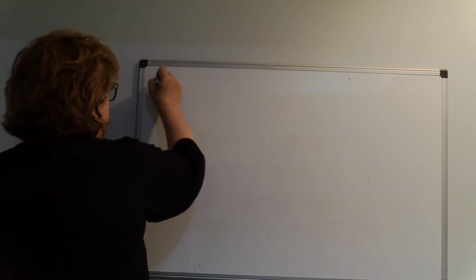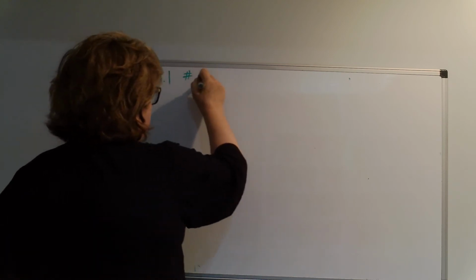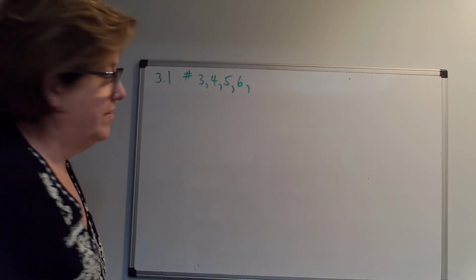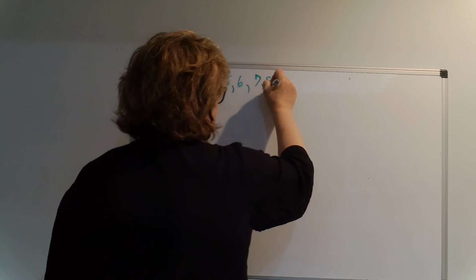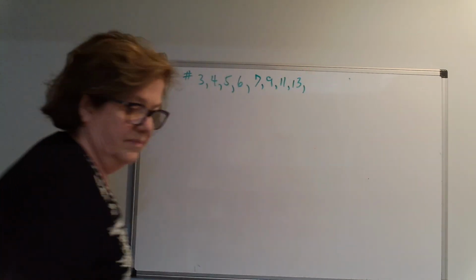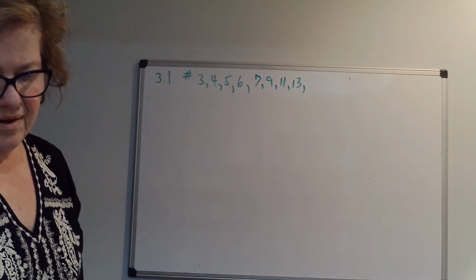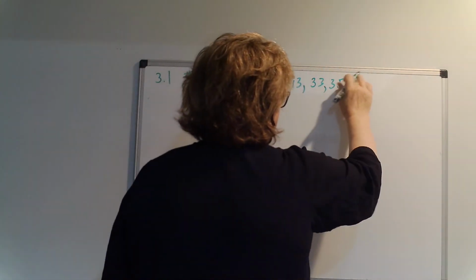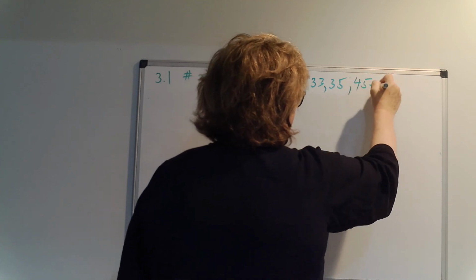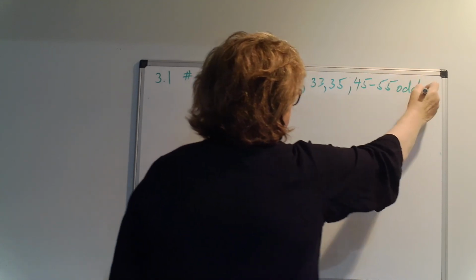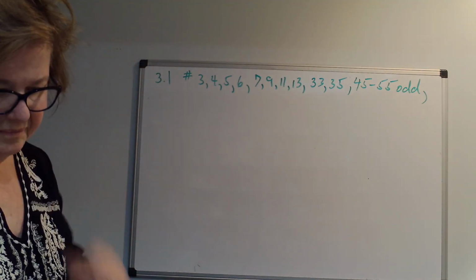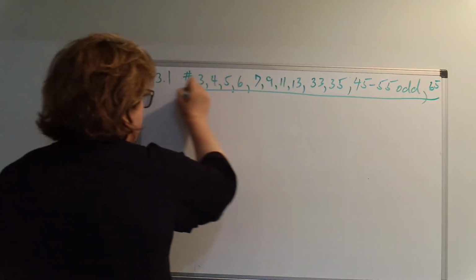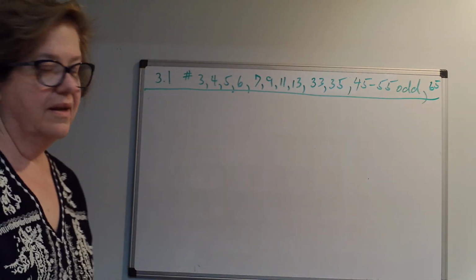This is chapter 3.1, number 3, 4, 5, 6, 7, 9, 11, 13, 33, 35, 45 to 55 odd, and then 65. Bunch of problems to practice over the weekend.